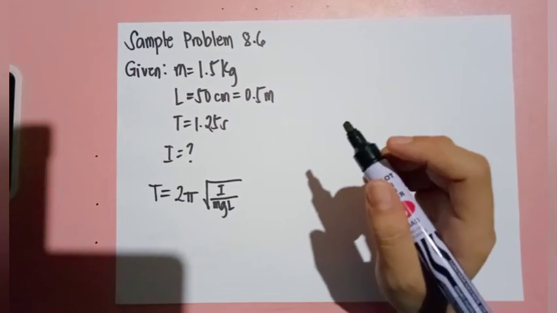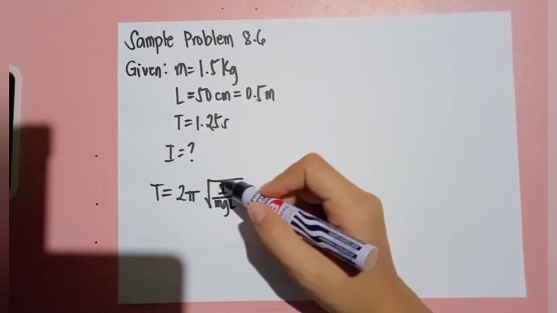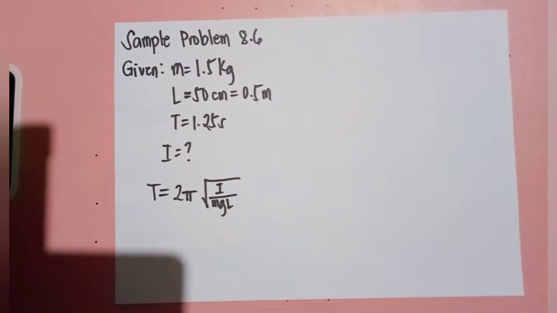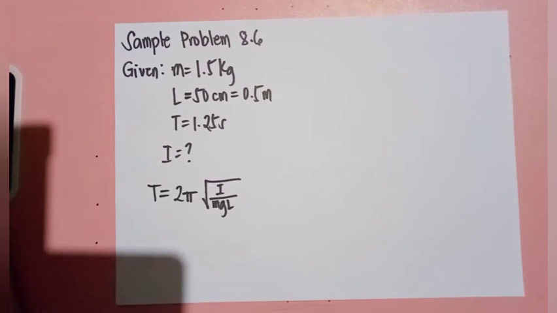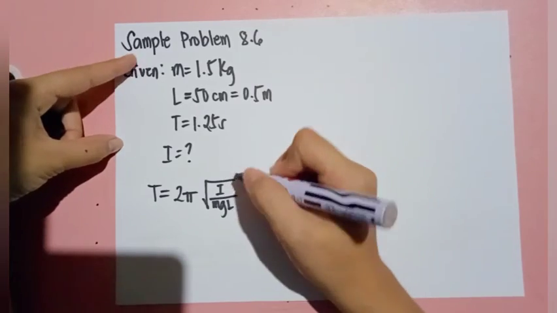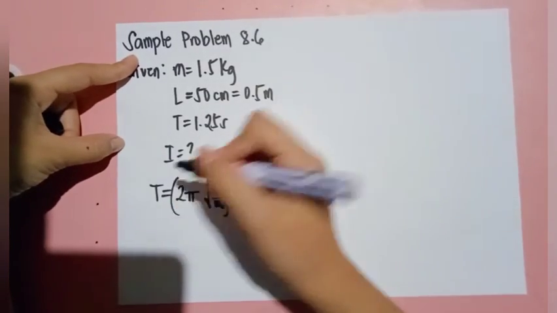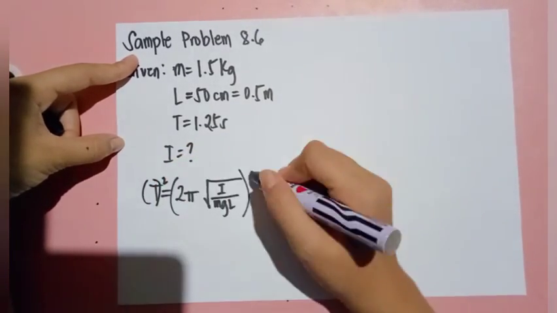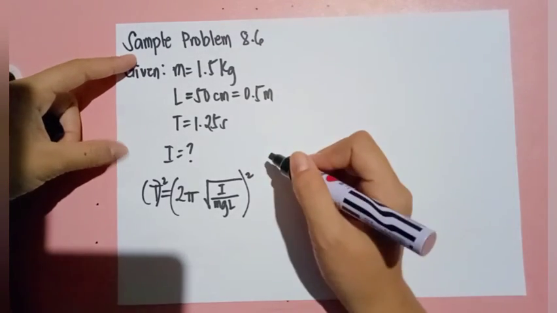Since we are looking for I, we have to manipulate this equation, and since we are dealing with a radical, we have to square both sides.